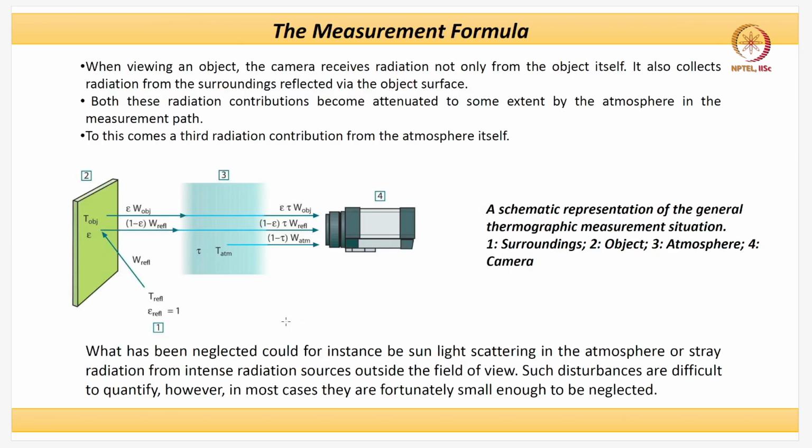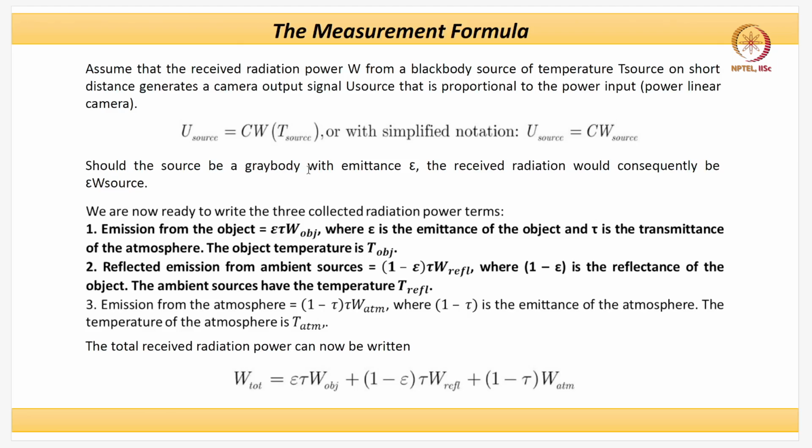Then we saw that when you try to measure the temperature of an object using a camera, like an IR camera, it collects radiation from a lot of sources, and we described what these factors are all about. Once that is done, we saw that if the camera is linear, then it should respond to the incident radiation power in a linear fashion.